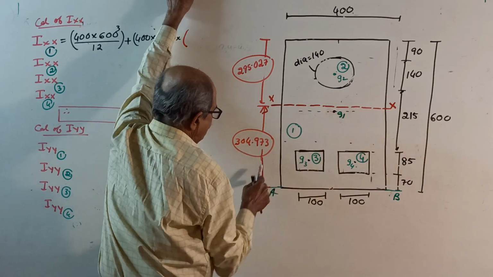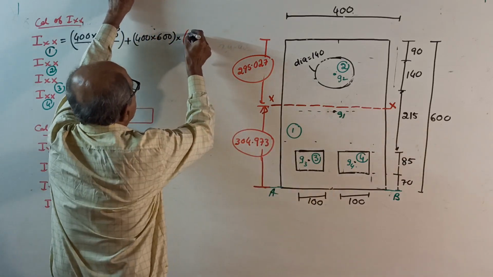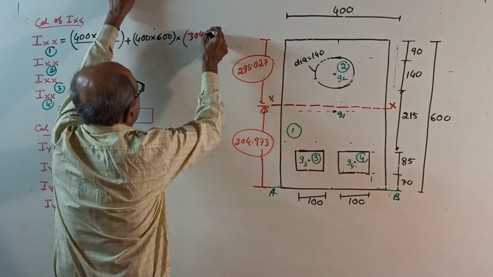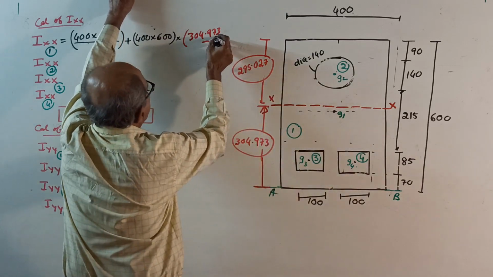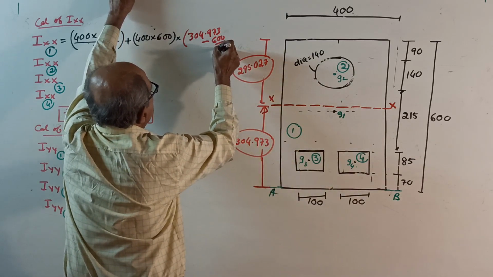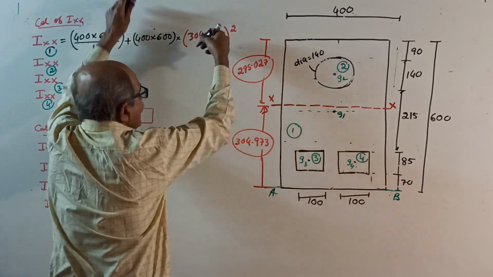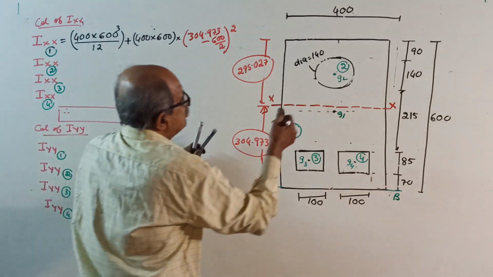This distance square is 304.973 minus, from here to here is half of 600, 600 by 2 whole square. Calculate the answer.